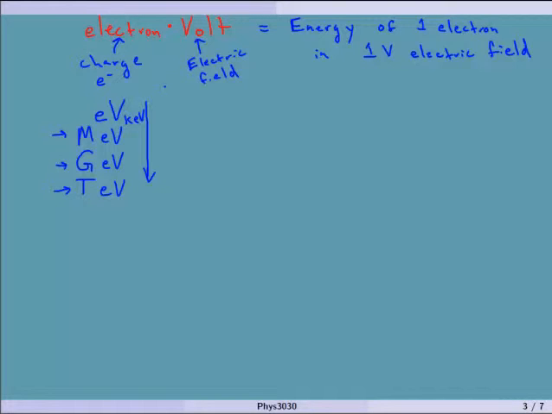And let's talk about some famous particle accelerators. Okay, so there's sort of a list of particle accelerators. There's the Stanford Linear Accelerator called SLAC. Okay, this is just some examples.